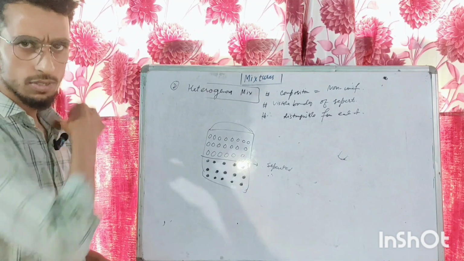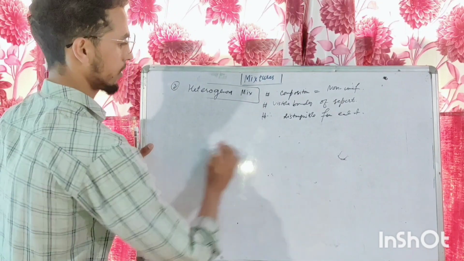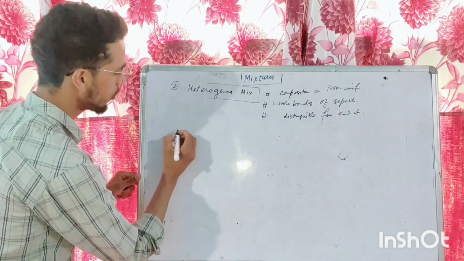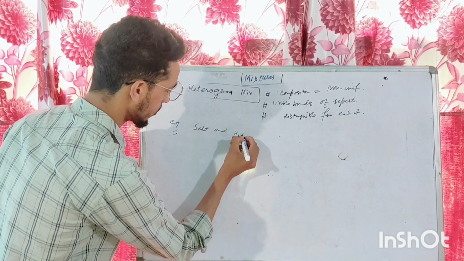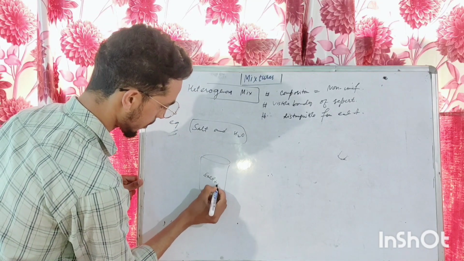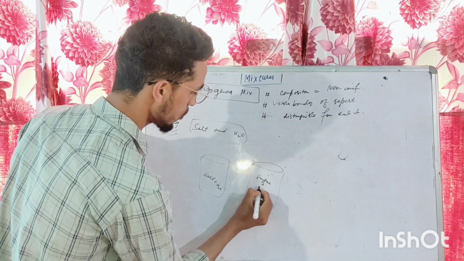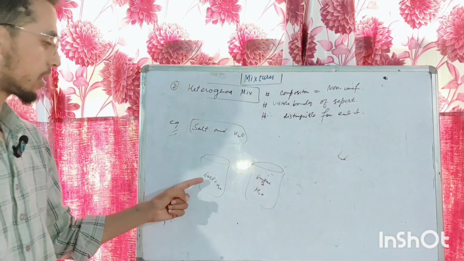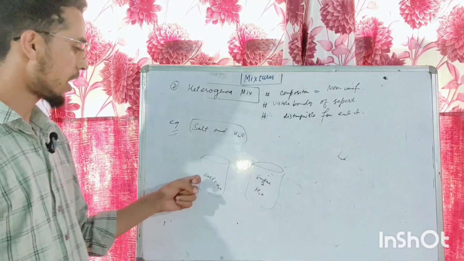Now coming to the examples. The best example we can take for the homogeneous mixture is salt and water. In one beaker there is salt plus water, and in the second beaker we can see sugar plus H2O. The salt particles are the solute particles.